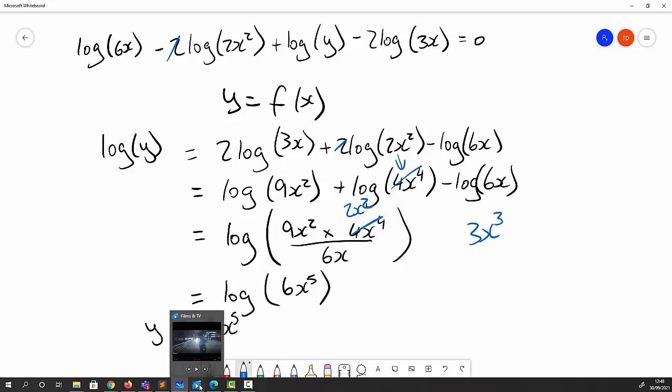So the answer should be 3x cubed. And if I stick that into Baseline, 3x hat 3, yes, and that's right. Okay, that's correct. So 10-2.